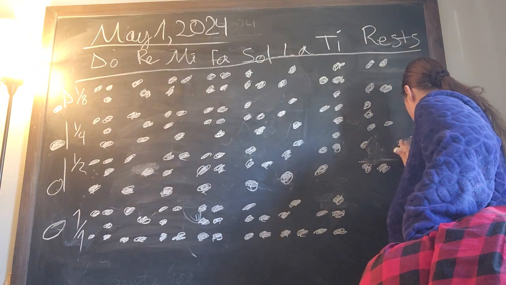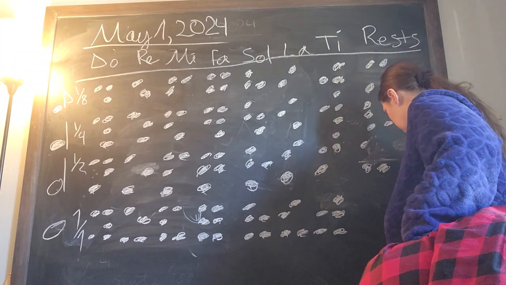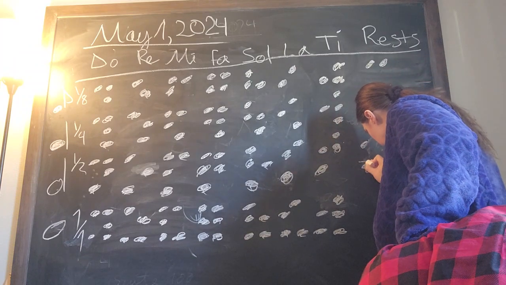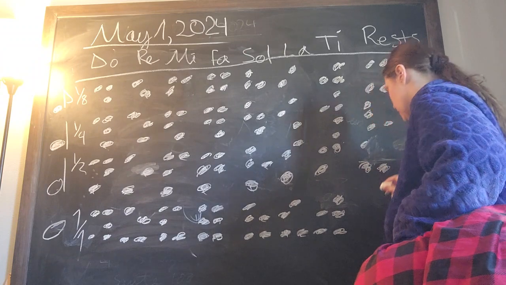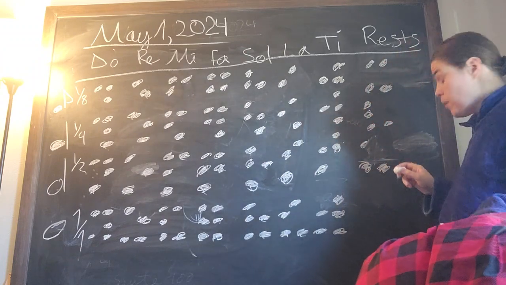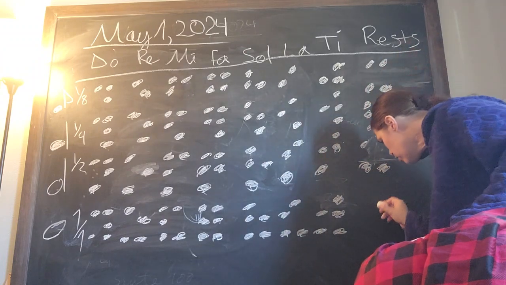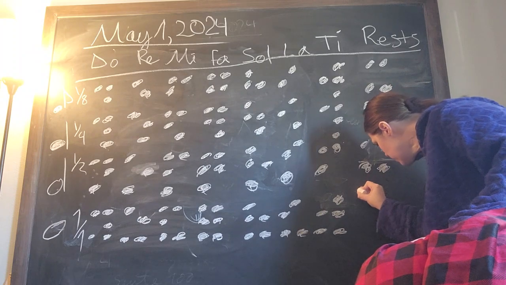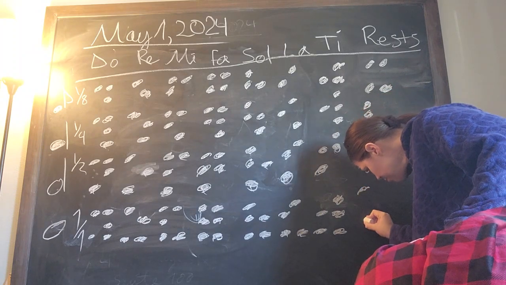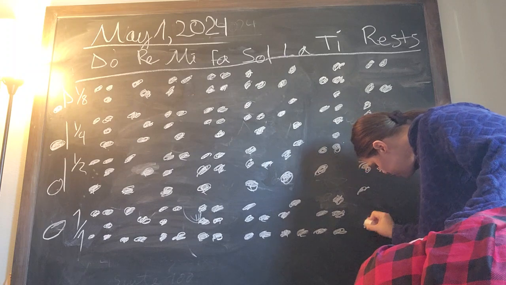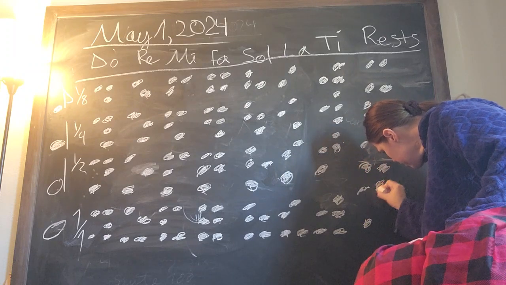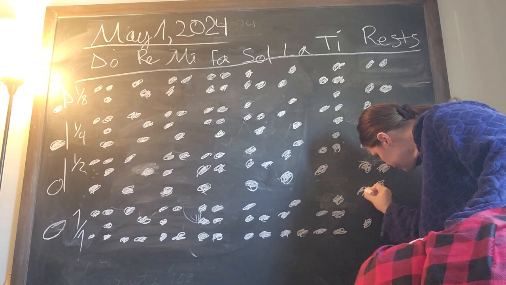And the whole rest, hold on. The whole rest essentially is going to be this, but it's going to be flipped upside down. So you're going to have dots 1, 3, and then 1, 3, and 4.